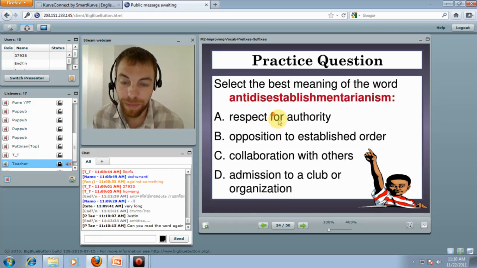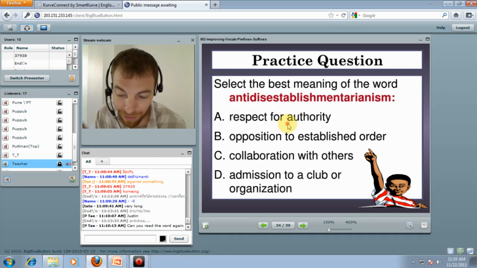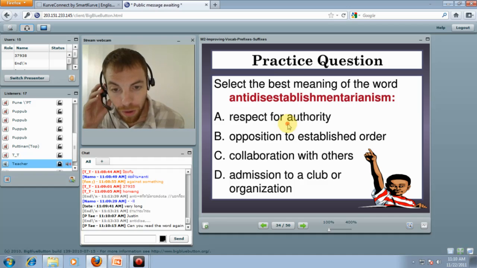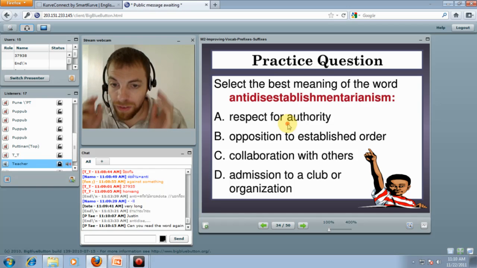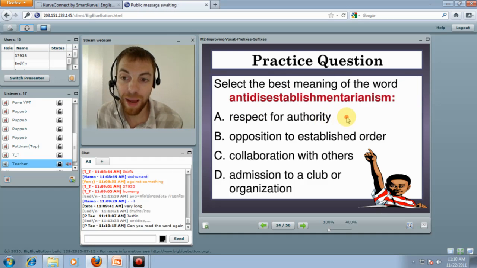So what do you guys think? What do you think the answer for this is? We have many choices here. What is the best meaning for anti-disestablishmentarianism? Look at the prefixes you can find and guess.